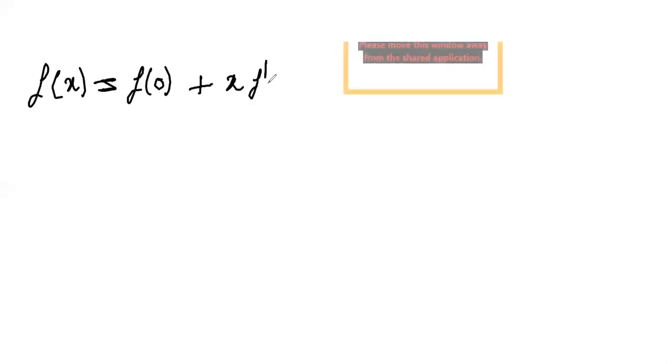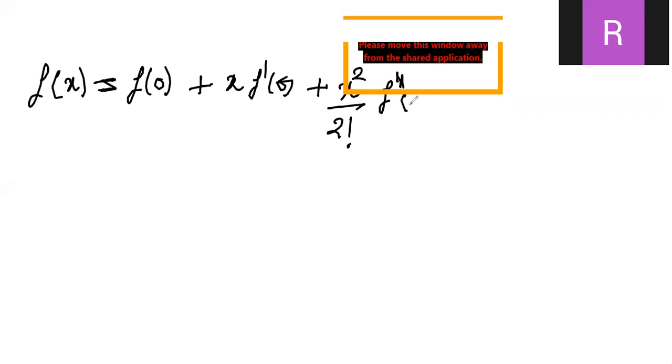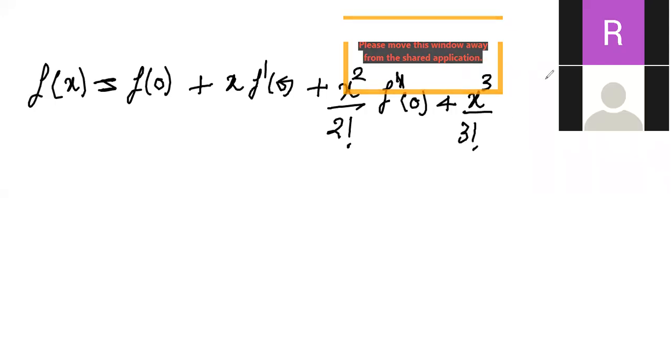So what we have written is f of x equal to f of 0 plus x into f dash 0 plus x square upon 2 factorial f double dash 0 plus x cube upon 3 factorial f triple dash 0 and so on.